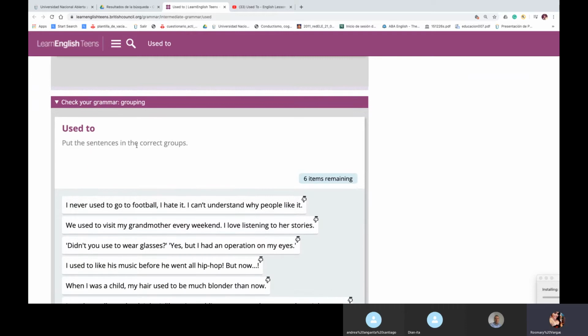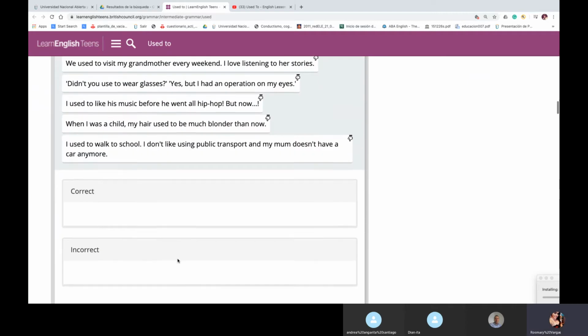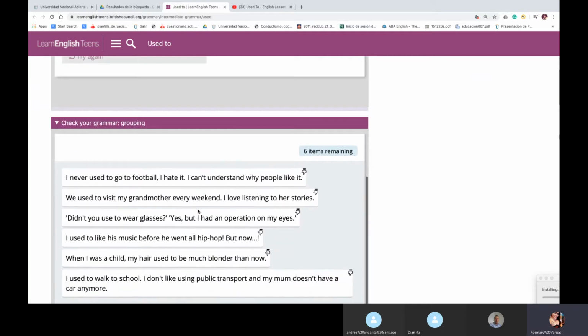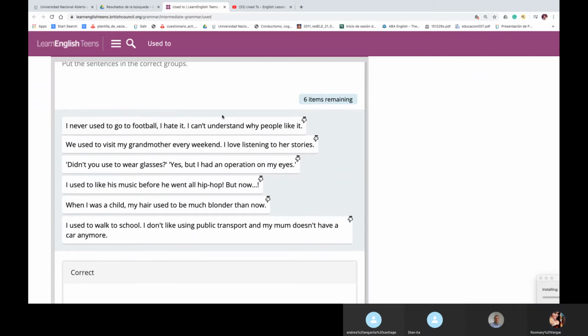You need to put the sentences in the correct group, and they show you here correct or incorrect. When you are done, please send me a screenshot. I'm going to give you 7 minutes. Okay?